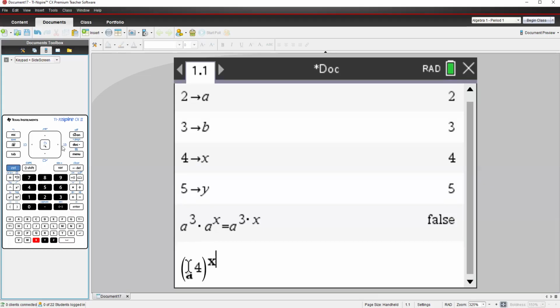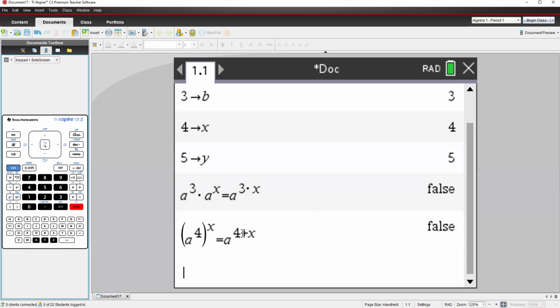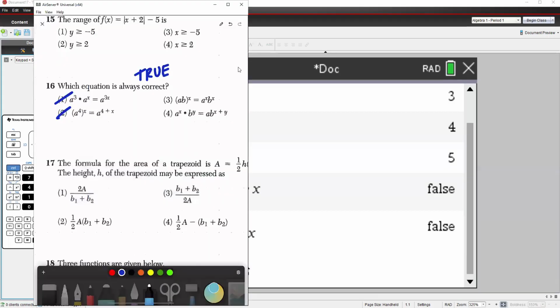And by the way, make sure your calculator looks like the actual exam. If the exponents are up, make sure you're up. So is this true? It says false, so we know it's not number 2. We can cross that one off too. Now we're going to try the third one.